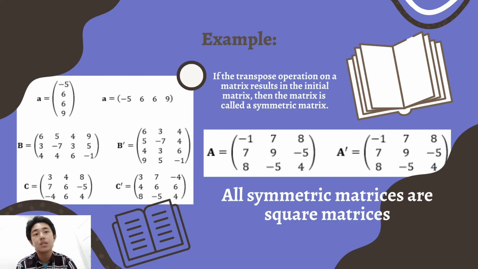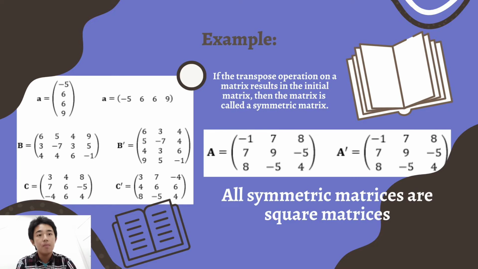But there's a situation. If the transpose operation on a matrix results in the original matrix, then the matrix is called a symmetrical matrix. For example, we have here matrix A. It has 3 rows and 3 columns. That is negative 1, 7, 8, 7, 9, negative 5, 8, negative 5, 4. When we transpose it, it's still negative 1, 7, 8, 7, 9, negative 5, 8, negative 5, and 4.